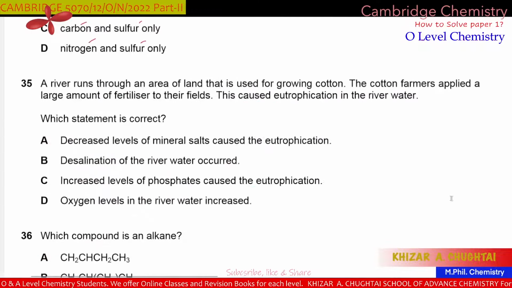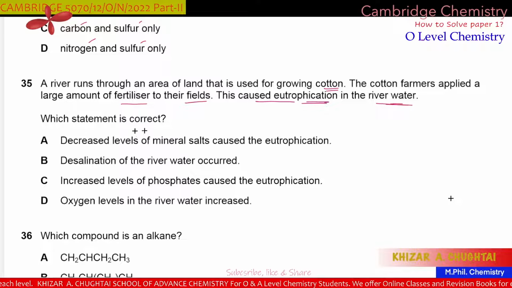Question number 35. A river runs through an area of land that is used to grow cotton. The cotton farmers applied a large amount of fertilizer on their fields. This caused eutrophication in the river water. Which statement is correct? Option A, decreased level of mineral salts causes eutrophication.